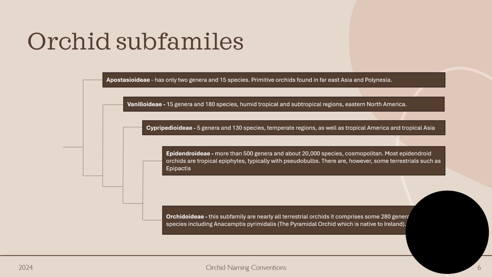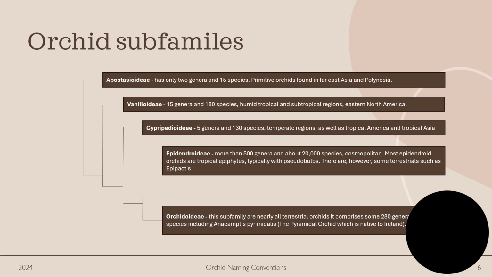But they look a little bit like red hot pokers. They are often found in the Far East and in Polynesia, and they are primitive in that they still retain some aspect of other angiosperms, flowering plants, in that they have 3 anthers, where most modern or advanced orchids only have 1.